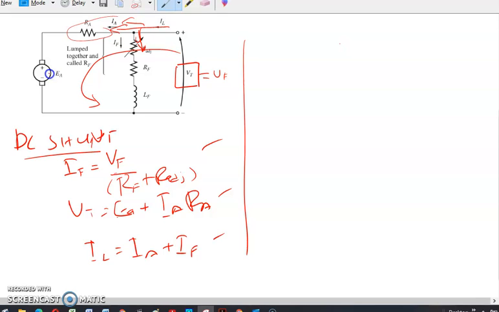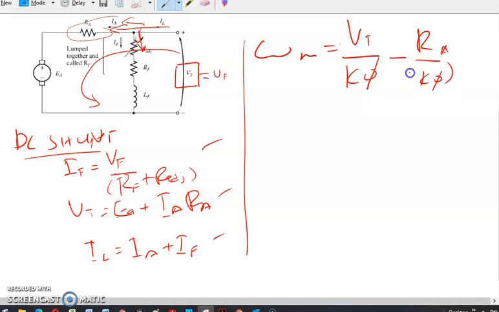We should take note of the governing equation of the behavior of this shunt motor, which is omega m, the speed of the shunt motor, equal to Vt divided by K phi, minus armature resistance divided by K phi squared, times induced torque.